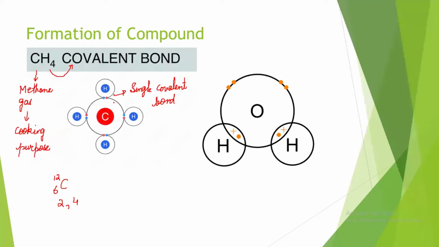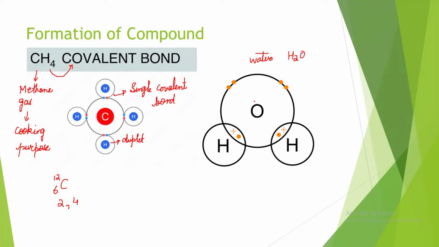So it is basically sharing a single covalent bond, as you can see. That is why now hydrogen has fulfilled its duplet. And in this way, carbon also has 8 electrons right now. So let's move further towards the example of water. It's basically H2O.